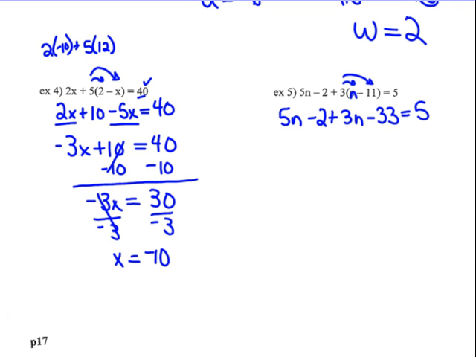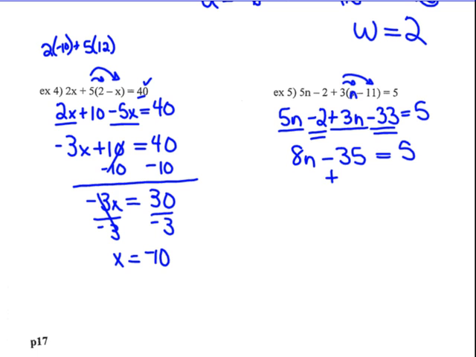So I have constants that are like and variable terms that are like. So positive 5n's and positive 3n's gives me 8n's, negative 2 and negative 33, same signs add and keep, gives me negative 35 equals 55. Two operations again, so 2 steps.